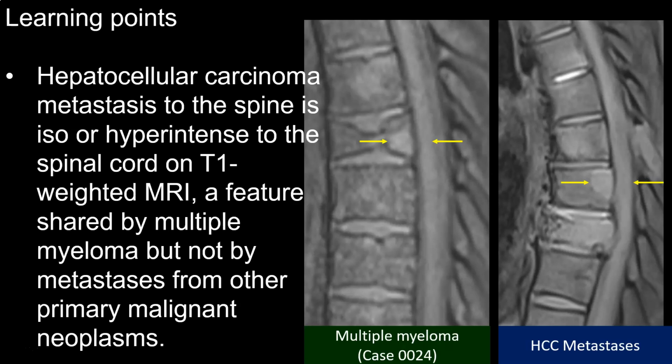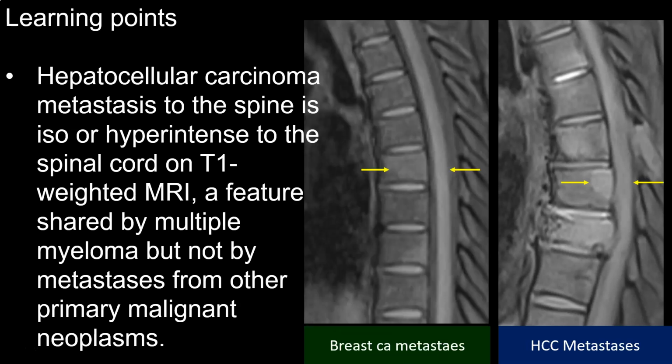Here is our case number 24 showing the multiple myeloma and the hepatocellular carcinoma metastasis that mimics the same hyperintensity. This is, on the other hand, a breast cancer metastasis and showing less signal intensity than the spinal cord.